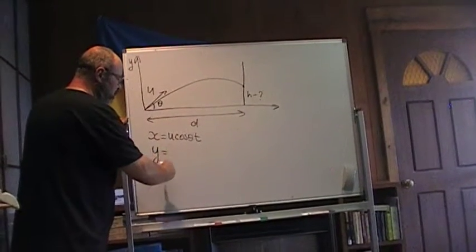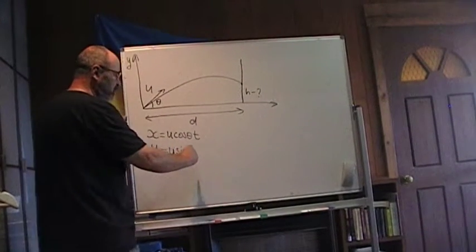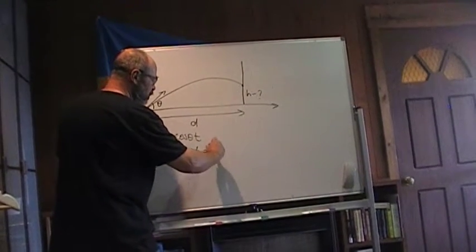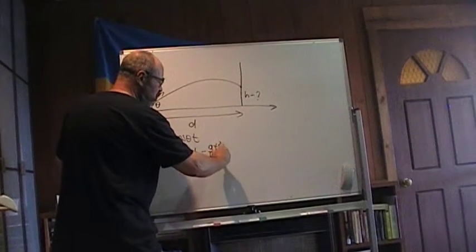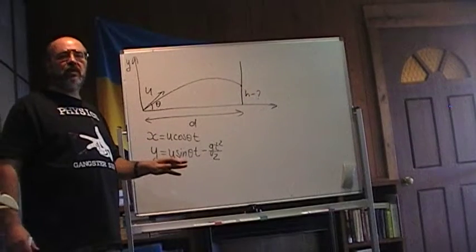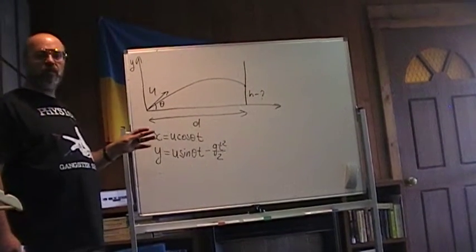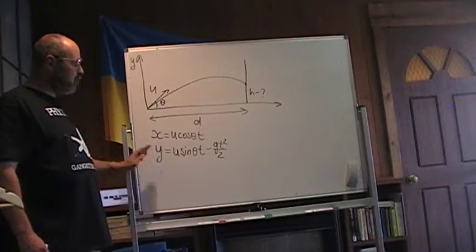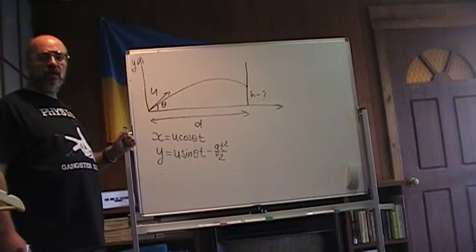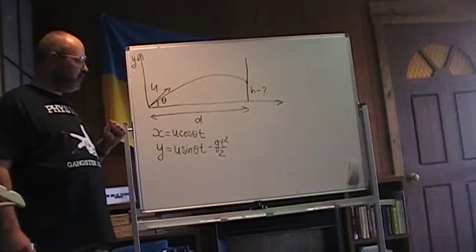Motion in the vertical direction, we have u sine theta t minus gt squared on 2. So most of the time, to solve a problem with projectile motion, you have to write the equation of the motion in the horizontal and in the vertical.